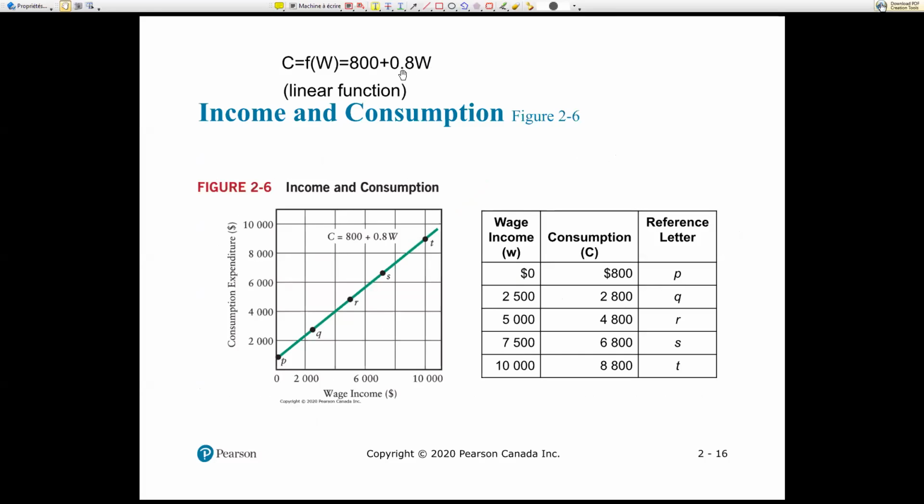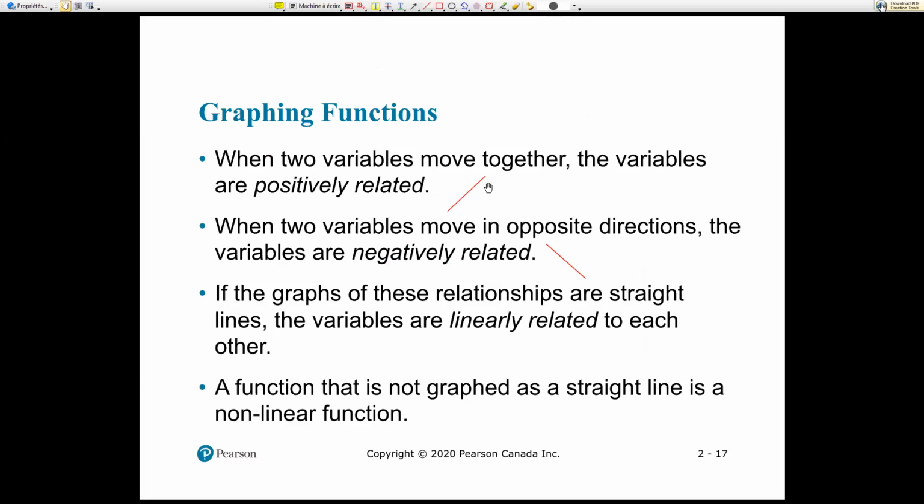Here it's just 0.8. So no matter where you are in the graph, if wage increases by 1 unit, then consumption increases by 0.8. Since there's always this same relationship wherever you are on the graph, this is why you get the straight line.